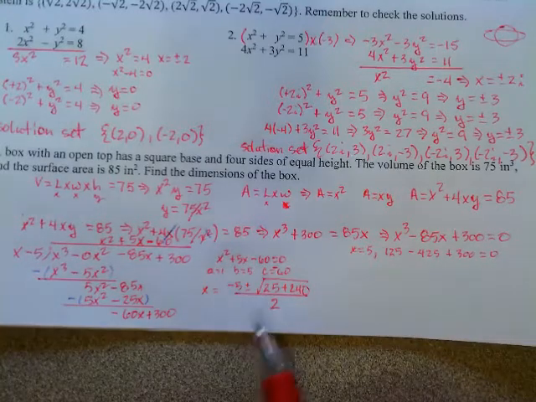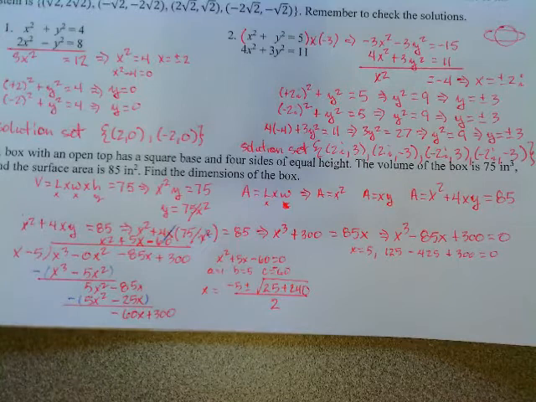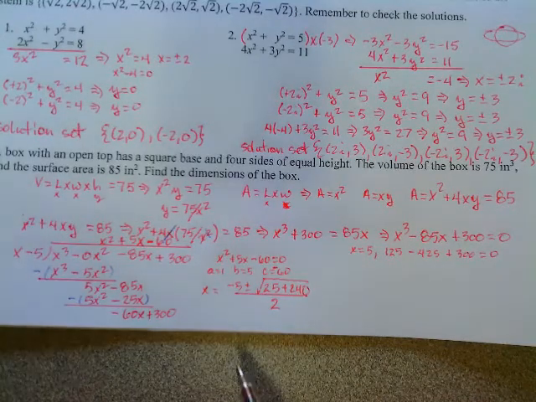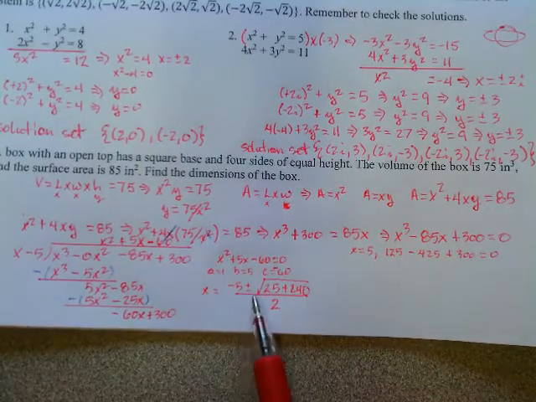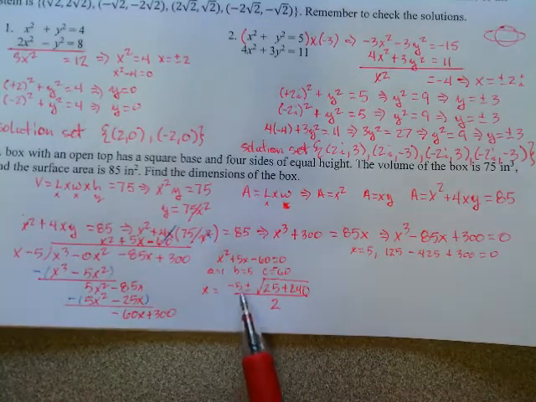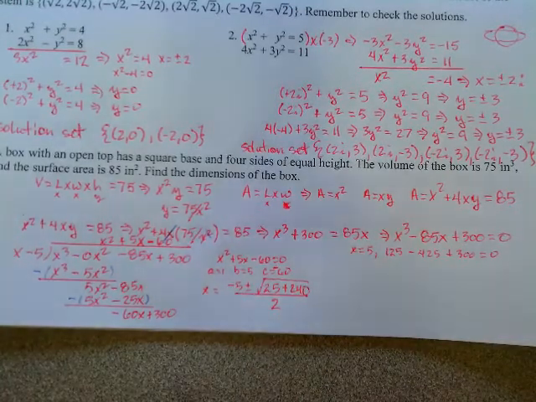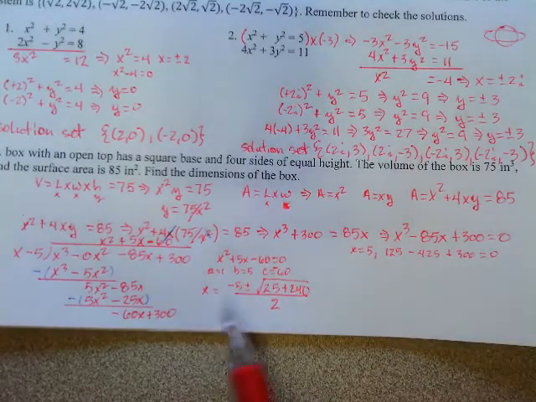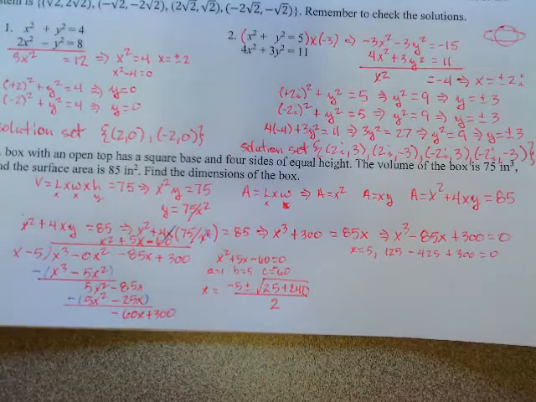The square root of 265 is about 16.2. But please note, we can't use the negative, because if this is negative and that's negative, then the whole thing's negative. And since it represents the side of a box, that's not going to work. So we're going to have negative 5 plus our 16.2.